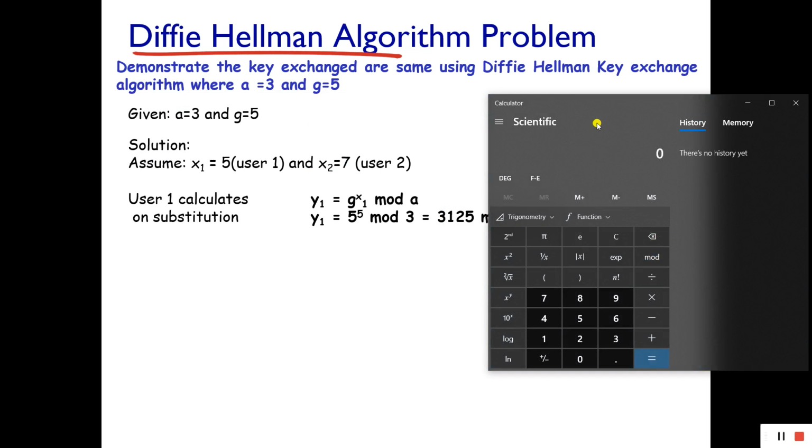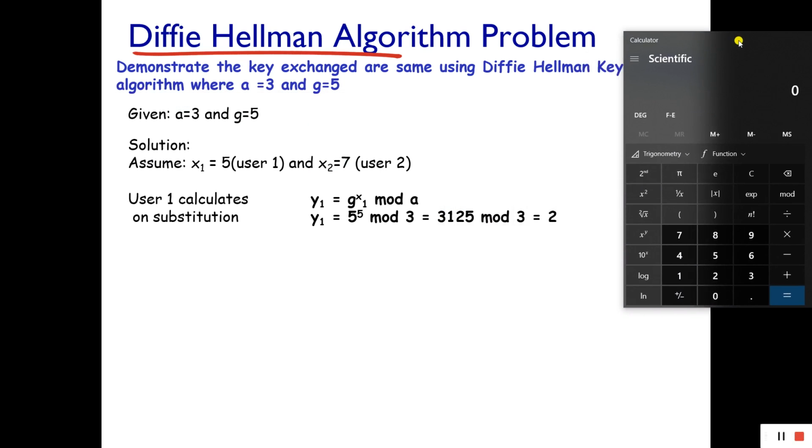Okay. So what is the value that you have? You have 3125. 5 raised to 5 is 3125. Mod 3 you want to do.